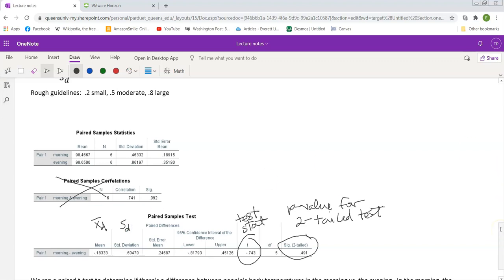Based on looking at this, if we're running a two-tailed test, our p-value would be 0.491, which means that we would not have sufficient evidence to conclude that there's any difference between the morning and evening temperatures. If we wanted to run a one-tailed test, we'd have to divide that by 2.